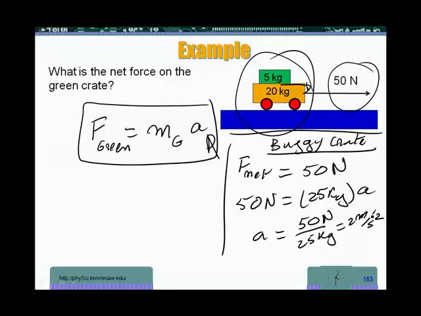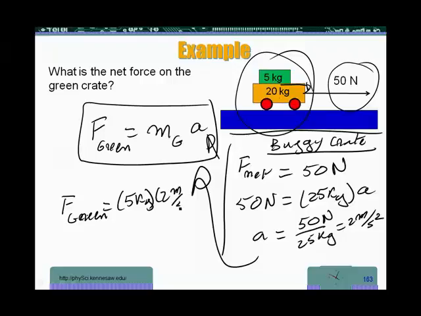So if we apply this here, that's the same acceleration as the green crate. So that tells me the net force on the green crate is going to be the mass of the green crate, 5 kilograms, times 2 meters per second squared. So it's going to be 10 newtons. That's the net force on the green crate.